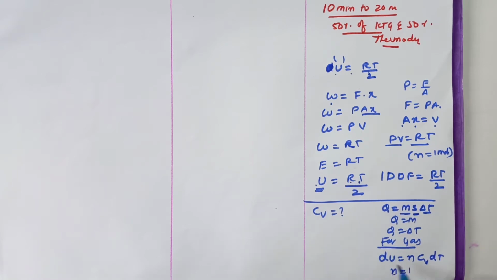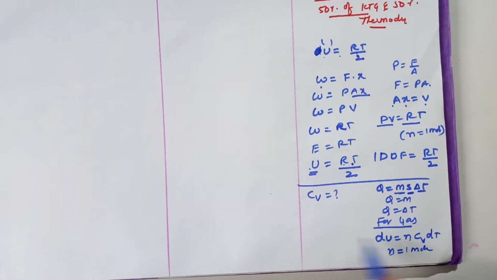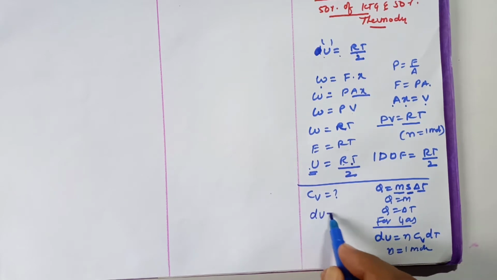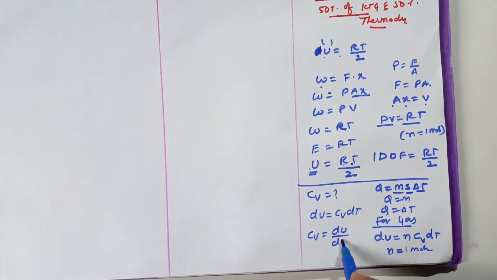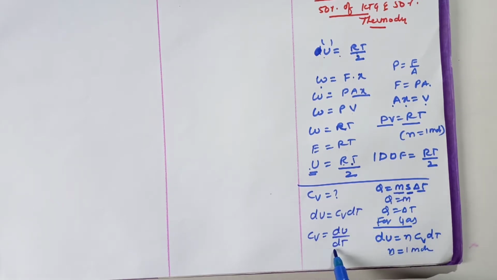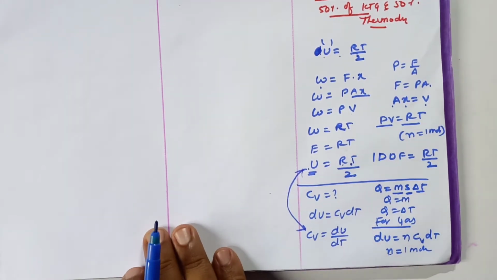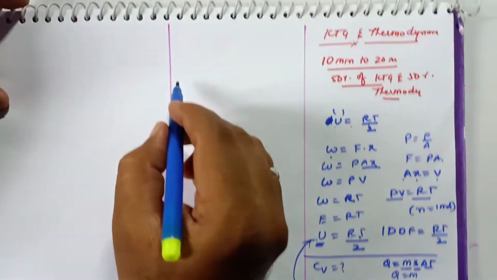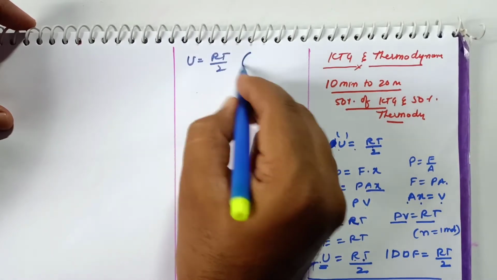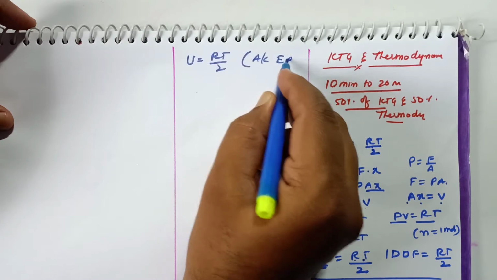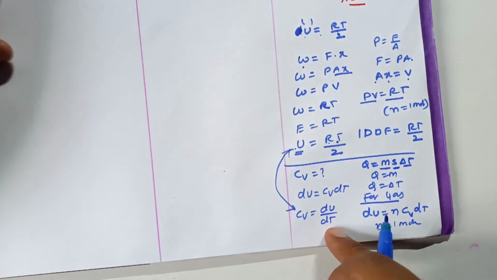So for example, n equal to 1 mole here, then what happens to dU? dU is equal to Cv dT. Therefore, Cv is equal to dU by dT. Understand? Cv is equal to dU by dT. So, by seeing these two formulas, you will come to a conclusion that Cv can be taken like this, as internal energy is equal to RT by 2 according to the equipartition law.